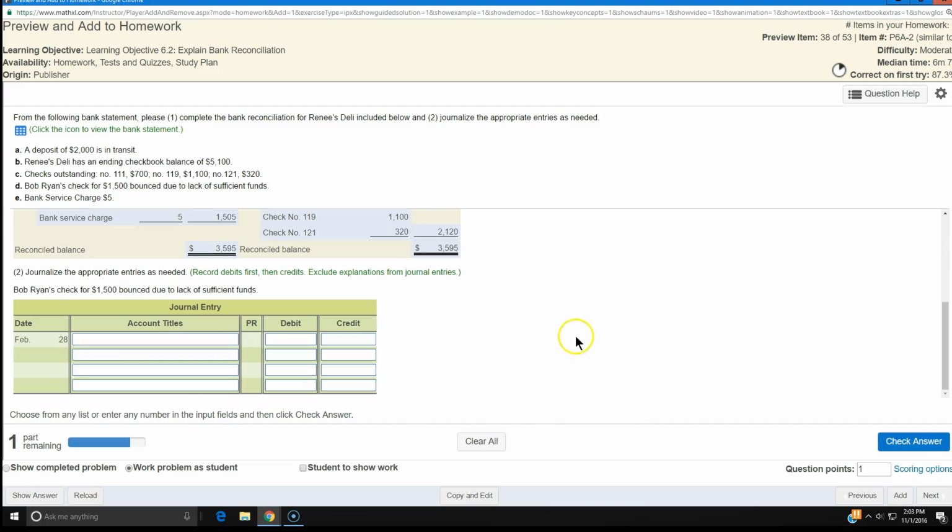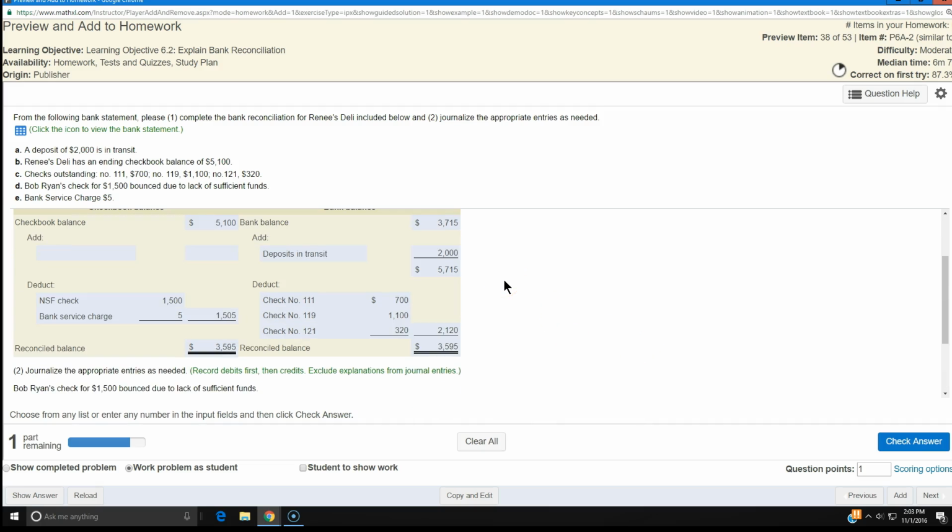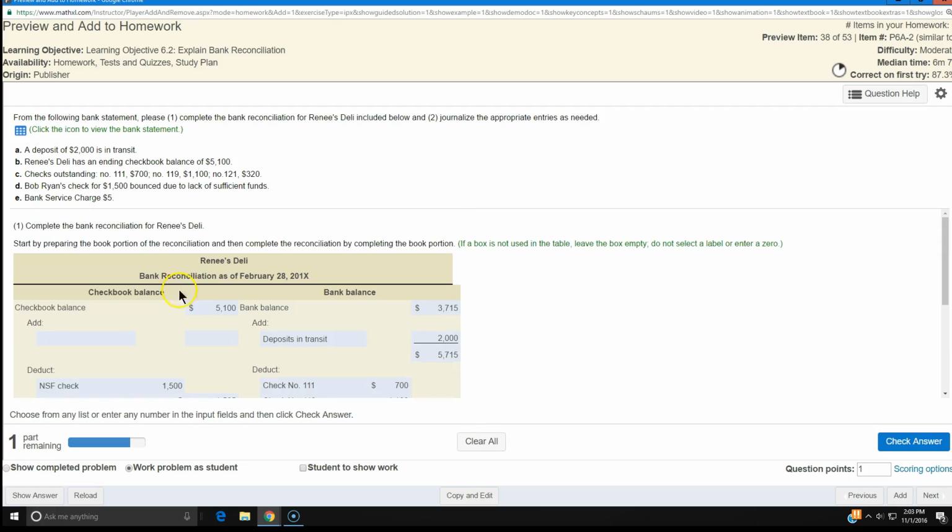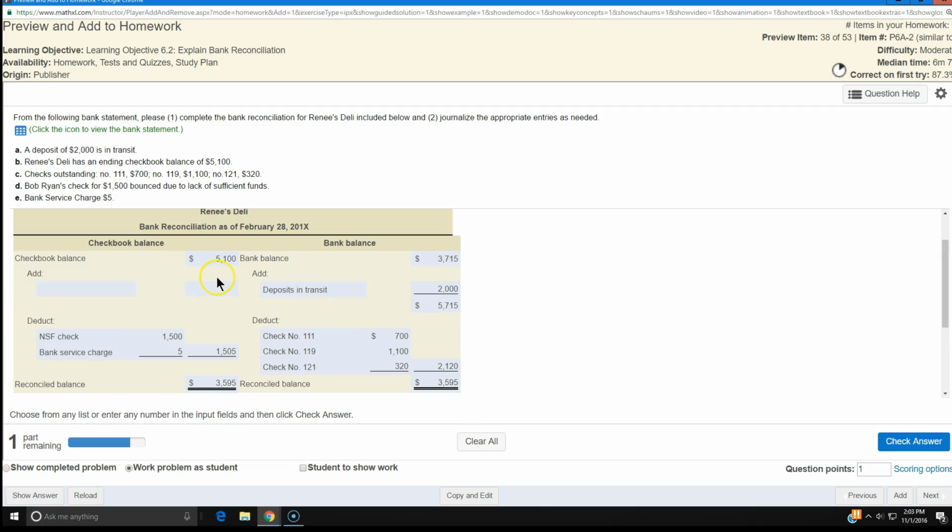Okay, then the next part of the problem has to do with anything that was recorded on the book side of the reconciliation. There were no additions, so there'll be no debits to cash.